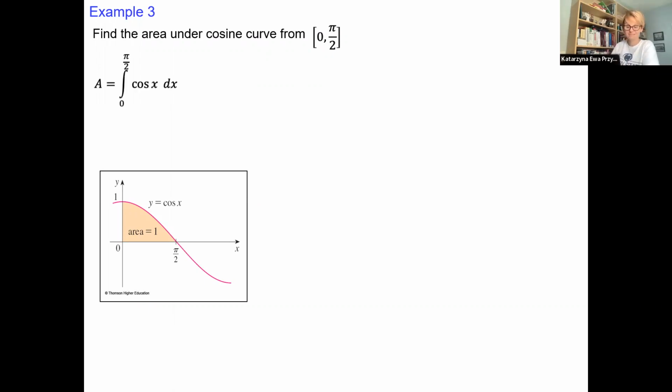Let's just set up the integral, because the area under the curve, or the net area, or the definite integral, is the same. And we need the antiderivative. I will not type this. We will get the antiderivative right away, but this is like an introduction.